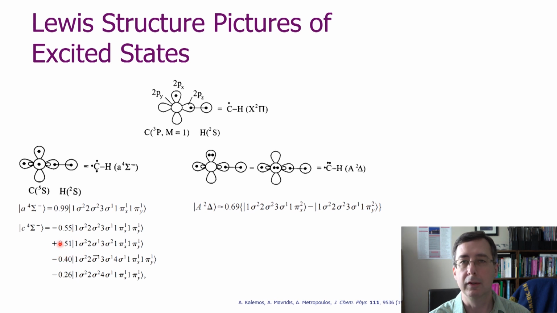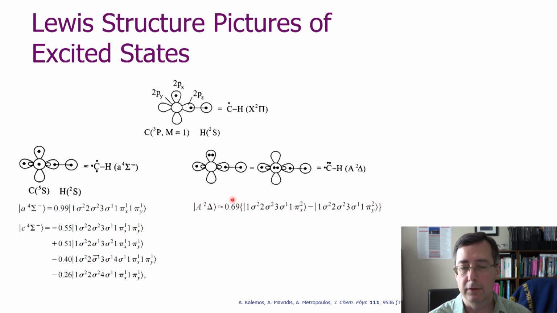I'm going to have to include at least those three determinants, and I probably really ought to include this one, which has an unusually high weight of 0.26. So the electronic nature of this state is spread out among at least four important Slater determinants, and then there's no hope of doing that with a single determinant method like Hartree-Fock or DFT. I'm going to have to do something special to get this one.